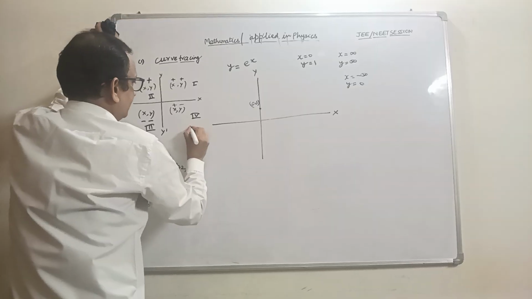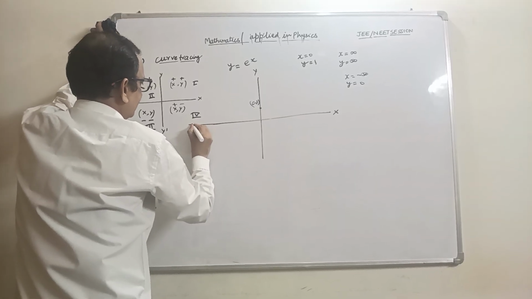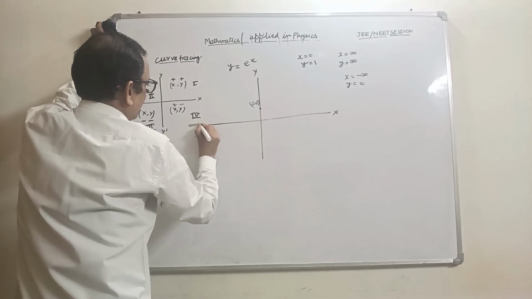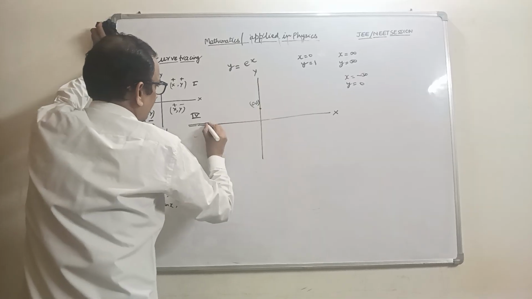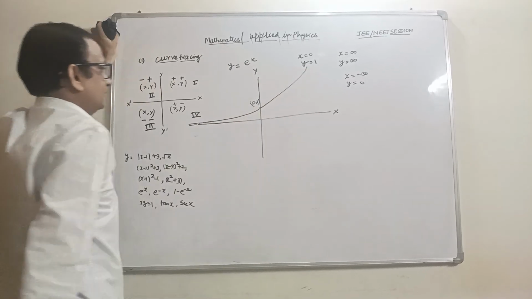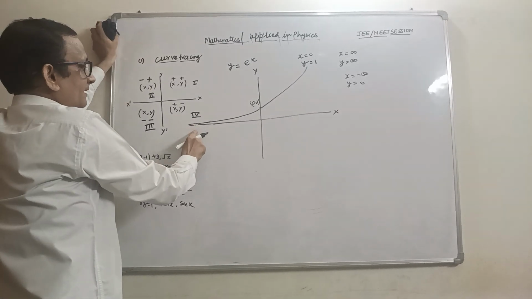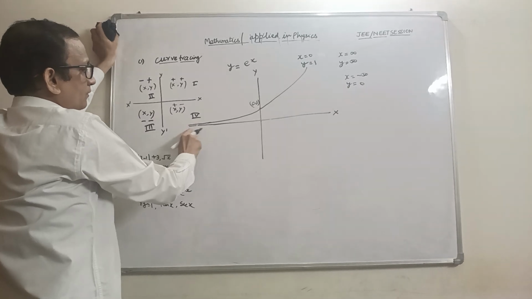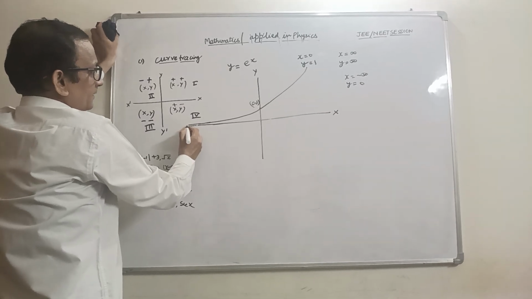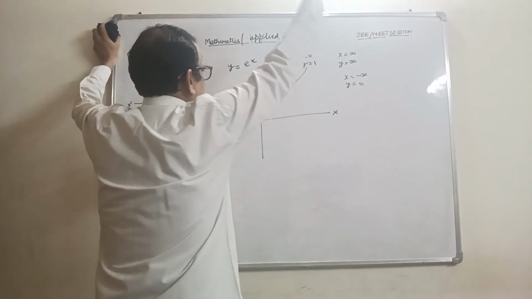So for minus infinity, this graph is approximately 0, and matching this point, exponentially this graph goes to infinity. For minus infinity, y is equal to 0, so this graph exponentially increases.